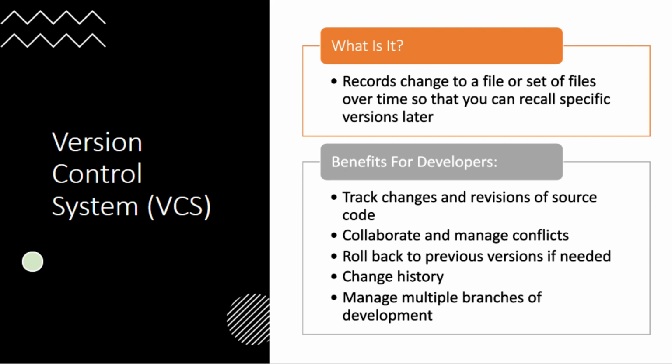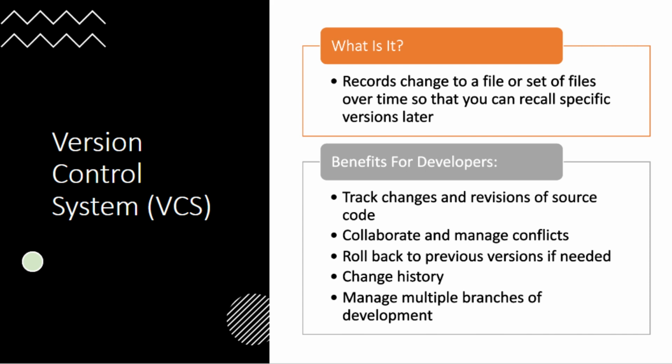Now let us look at version control systems, what they do, and how they help us. A version control system is one that records changes to a file or set of files over time so that one can recall specific versions later. They ensure that the development of software is systematic and organized. It allows developers to track changes and revise source code.